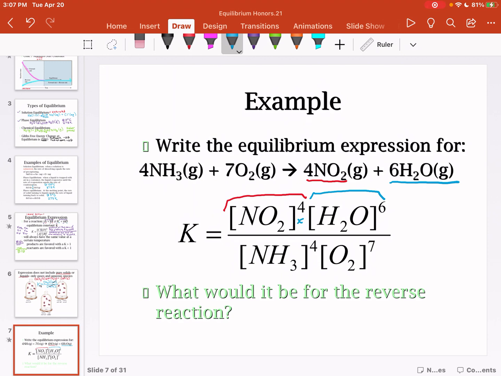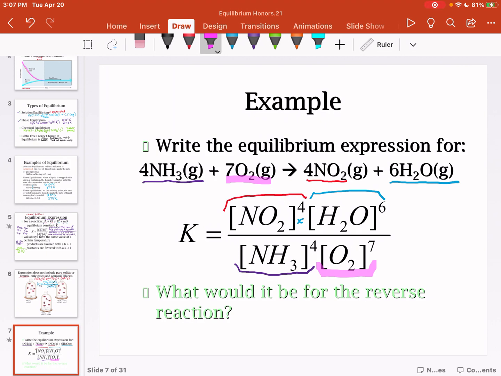Then my reactants, my NH3 concentration, this guy is a gas. It goes in the denominator as a reactant, and you can see that it's raised to the power of its coefficient, which is 4. And then finally my oxygen gas as well. My oxygen gas is going to be raised to that 7th power, and it stays in our equilibrium constant expression. So sorry about that false alarm about pausing, but now we can pause.